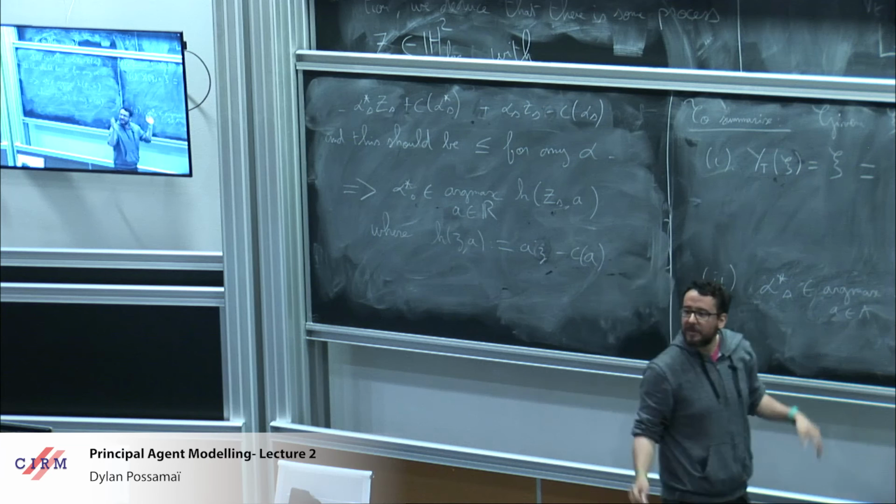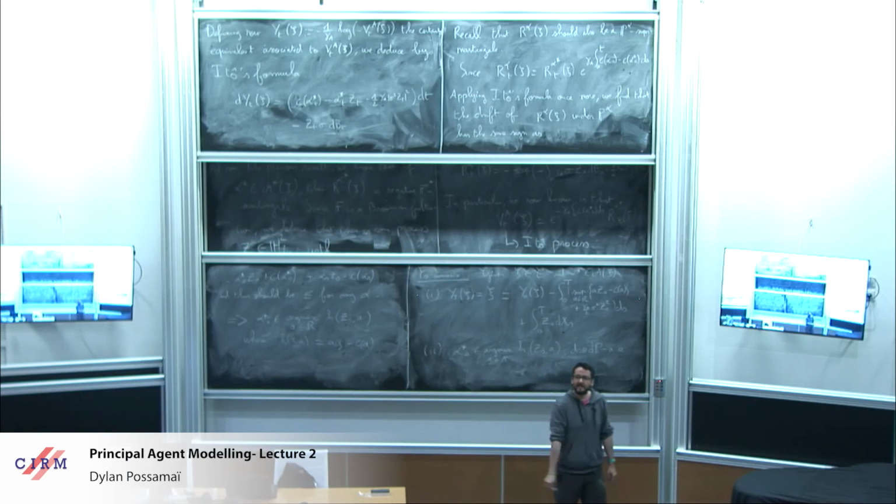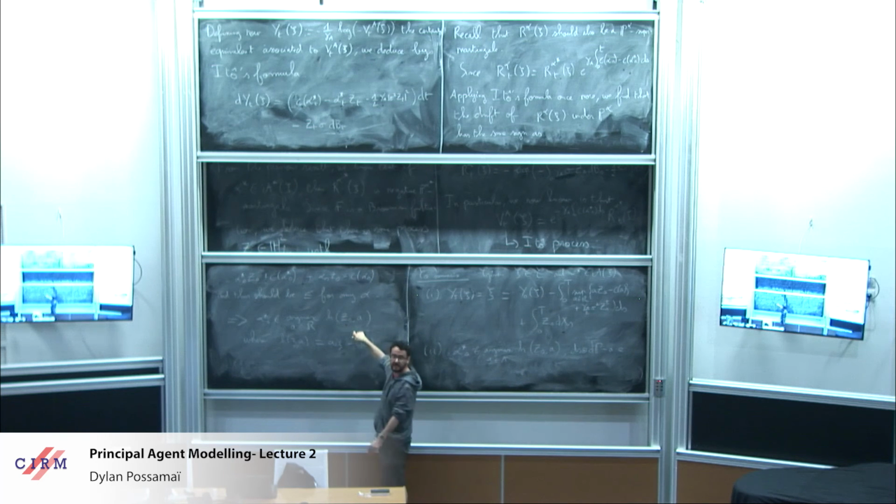I know there exists some z such that all of this is like that. It has to be satisfied, right? So I started from alpha star, whatever it is, that's optimal. I know that from this I can construct some process z, as we did, and alpha star and z are related, and the way they are related is through this equation.